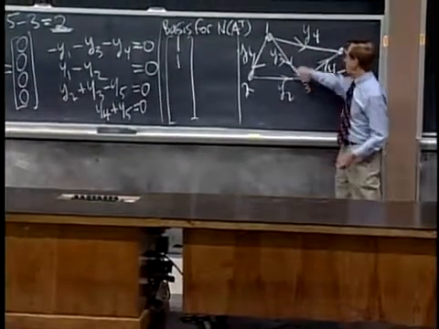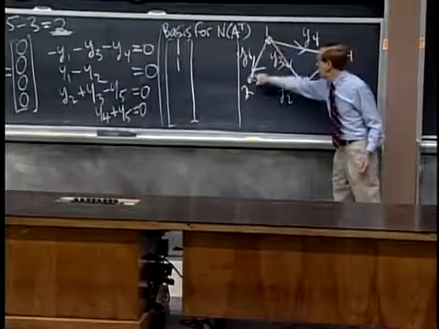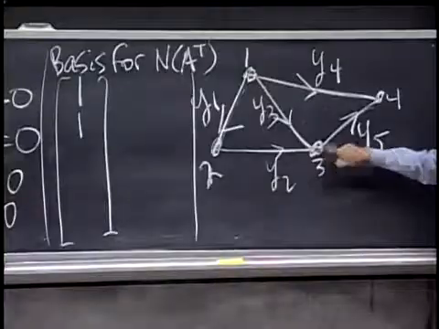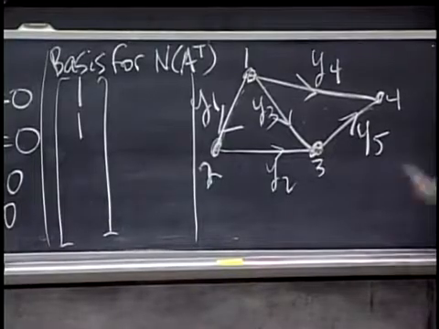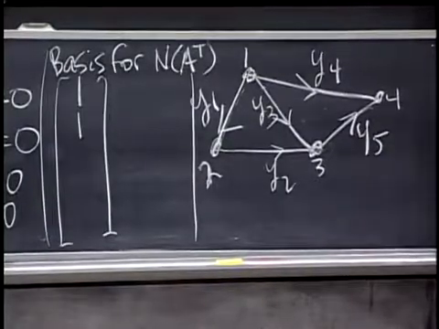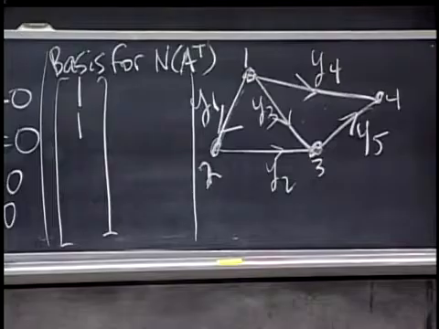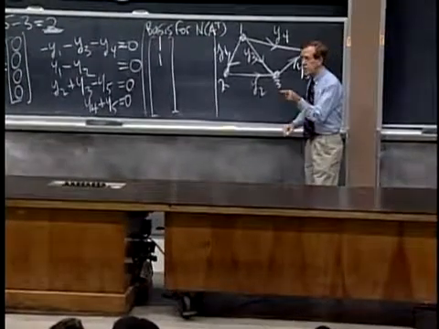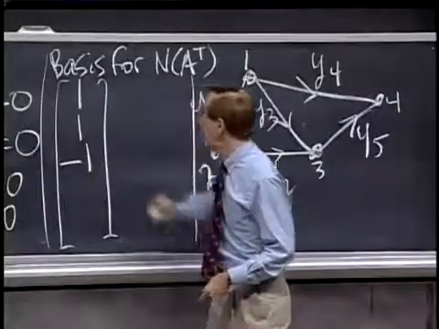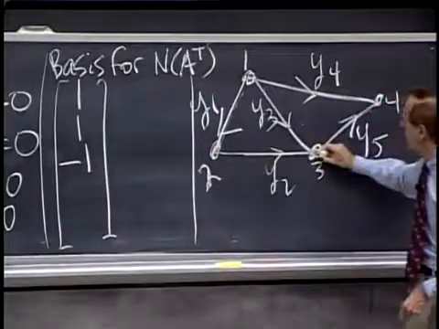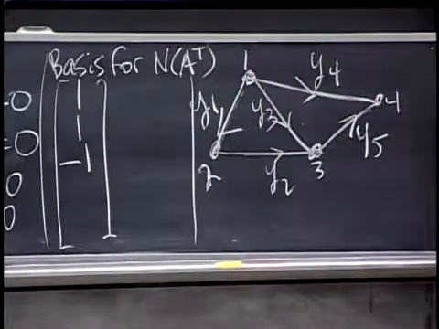Now we've got 1 amp leaving node 1, coming around to node 3. What shall I take for y3, in other words? Well, I've got a choice, but why not make it, what you said, -1? So I have just sent current 1 amp around that loop.